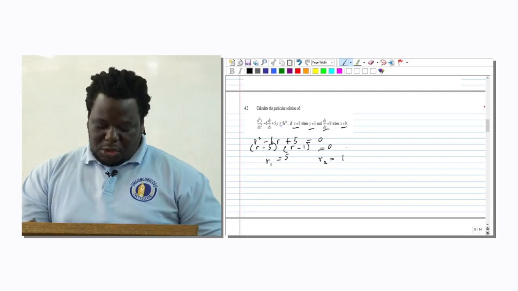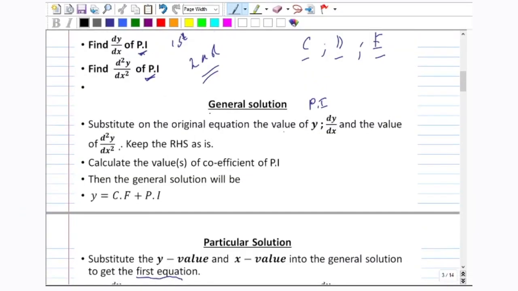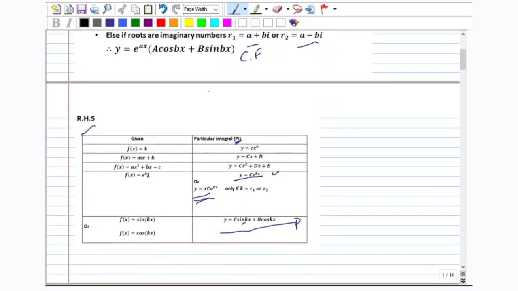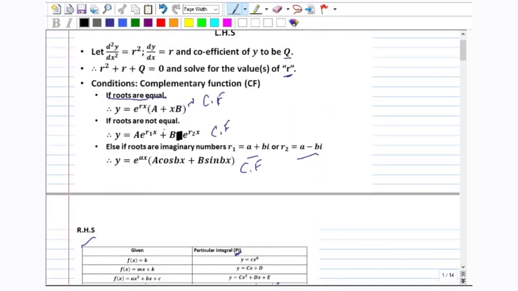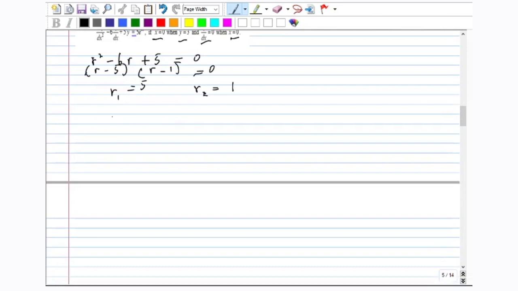If they are not equal, if we go back, remember we said here, if your r values are not equal, therefore your y value for the complementary function is going to be y equal to a e to the exponent r1x plus b e to the exponent r2x. So we need to write that now because that is our complementary function.